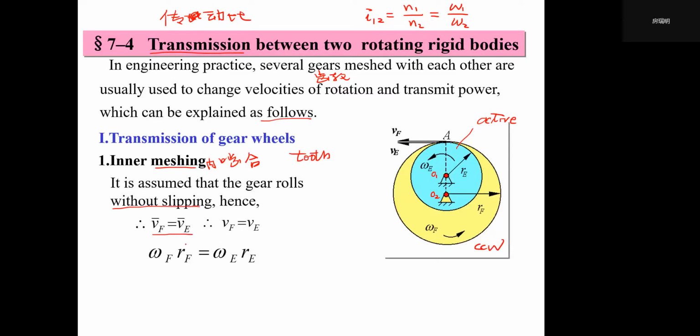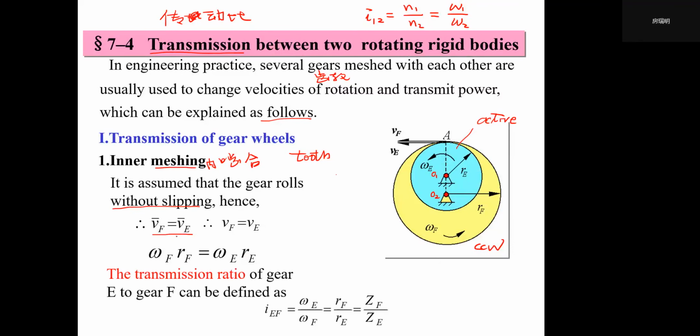So according to the law of rotation of rigid bodies, VF, because VF means the bigger one, should equal omega F times RF. This RF is the radius of the yellow one. And VE equals omega E times RE, right?